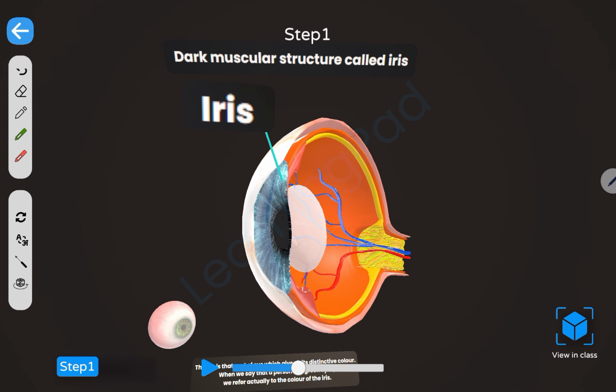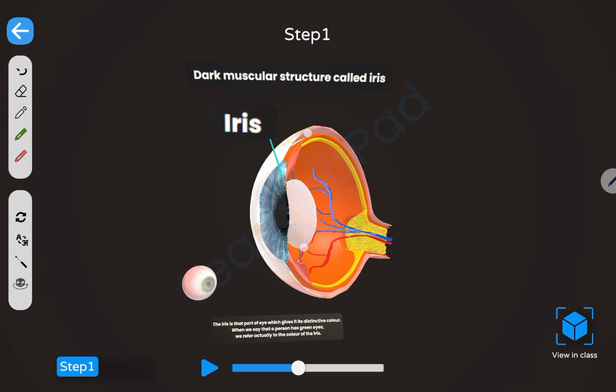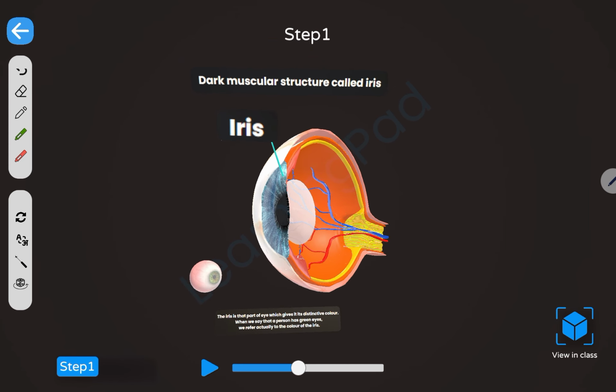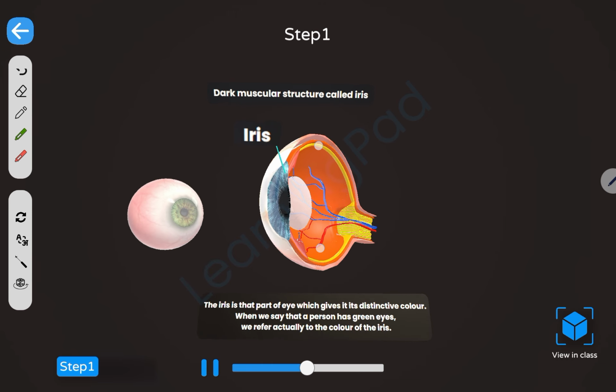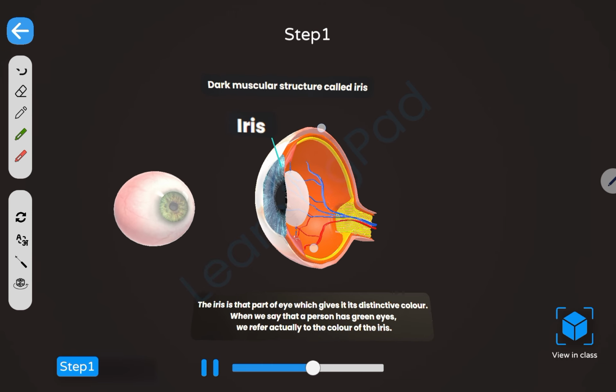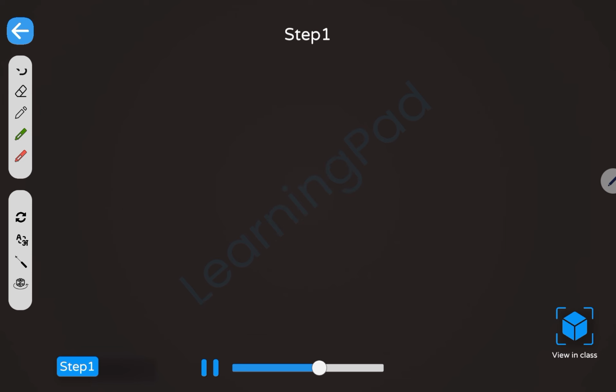When we talk about the iris, like if a person's eye is blue or green in color, generally we refer to the color of the iris only. So that is what gives color to the eye. See, this is where the iris is located, just behind the cornea.